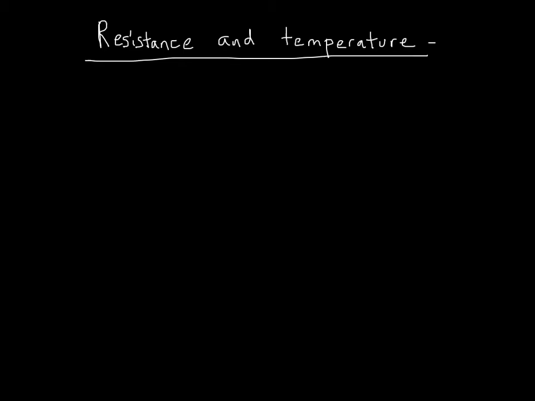Something that happens when we're talking about resistance is that it actually changes with temperature. And if I want to calculate this change, I can do it. The resistance inside of a wire will change, and that change in resistance will be equal to this letter alpha, which stands for temperature coefficient of resistance, times the resistance of a wire at some set temperature times the change in temperature.